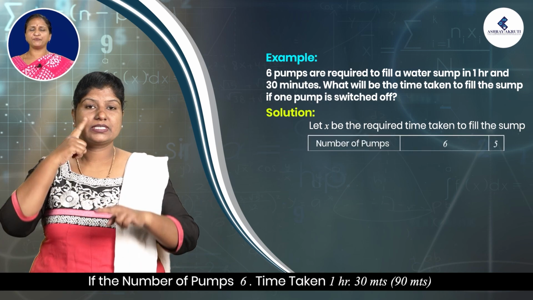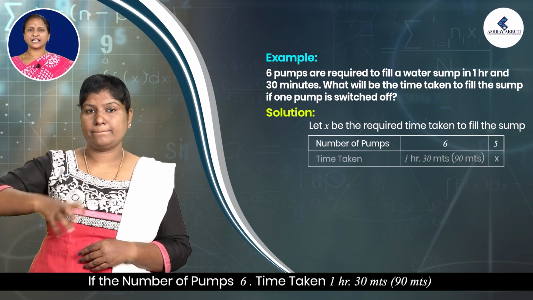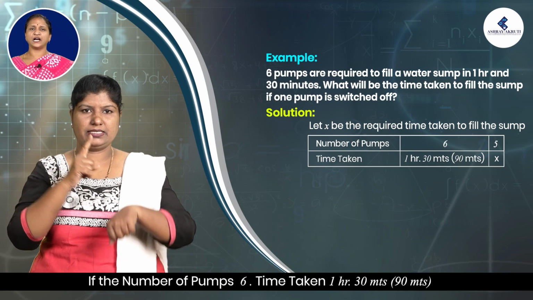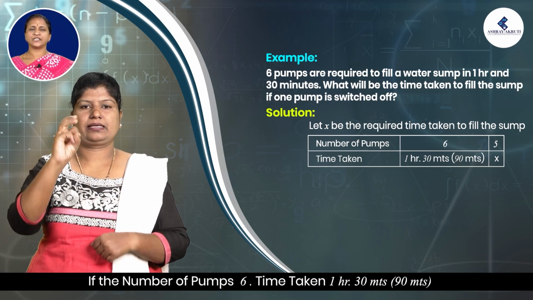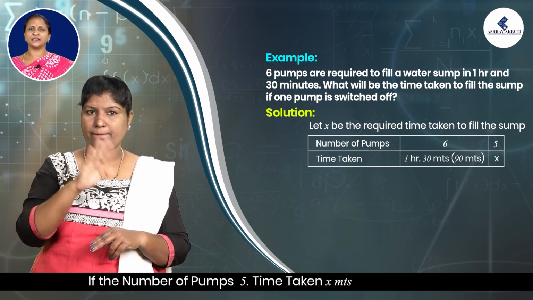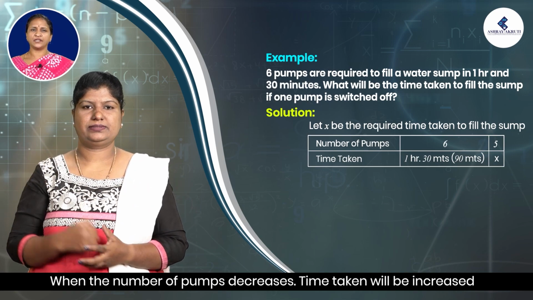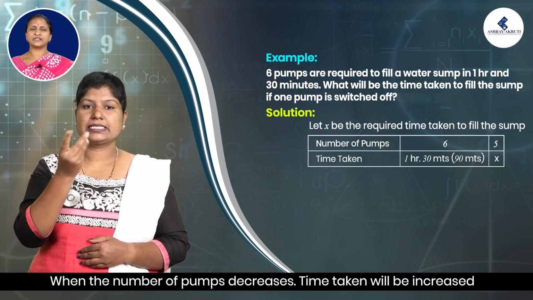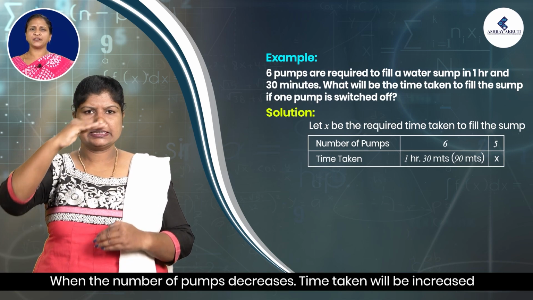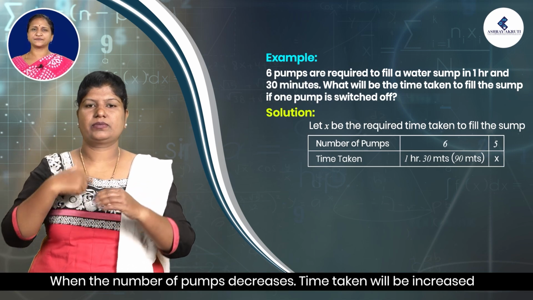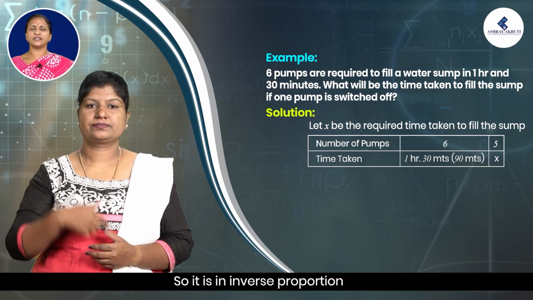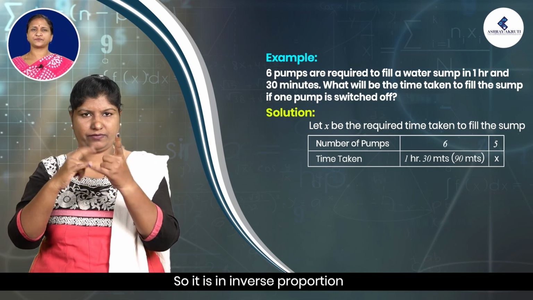If the number of pumps are 6, the time taken is 1 hour 30 minutes. If the number of pumps are 5, the time taken is x minutes. When the number of pumps decreases, the time taken will increase. So, it is in inverse proportion.